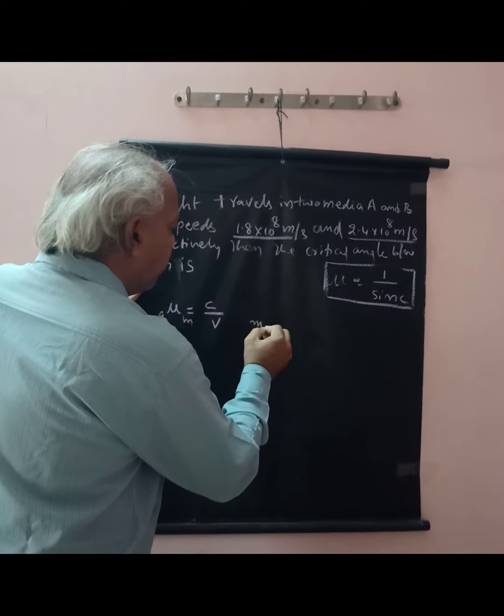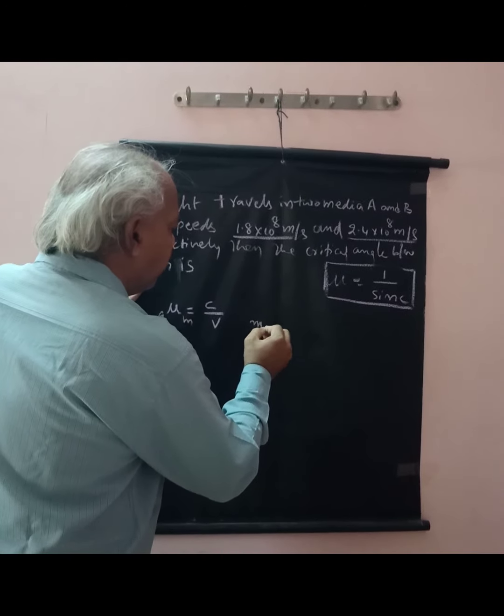So the speed of light in the rarer medium is 2.4 × 10^8 and Vm2 is the velocity of light in the denser medium. So 2.4 × 10^8 meter per second divided by 1.8 × 10^8 meter per second.